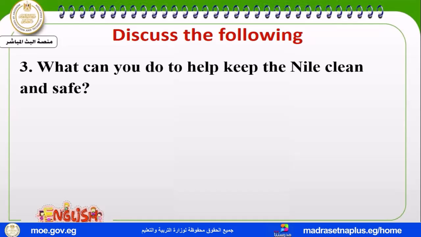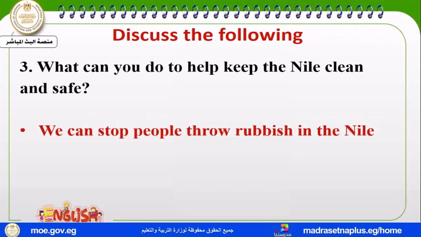To help keep the Nile clean and safe, we need to ask people to stop throwing rubbish in the Nile. So when people stop throwing rubbish in the Nile, it will be safe and clean for us as humans and for other creatures.